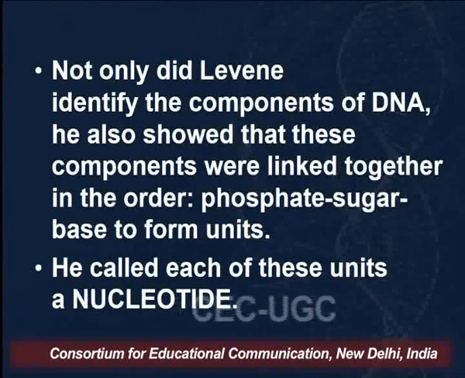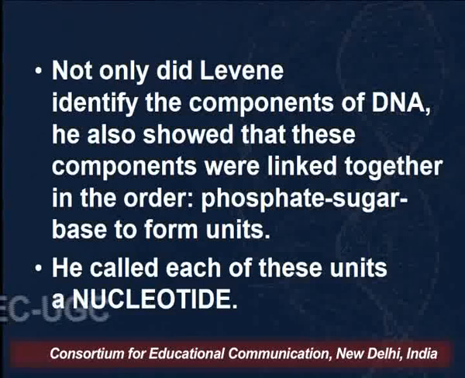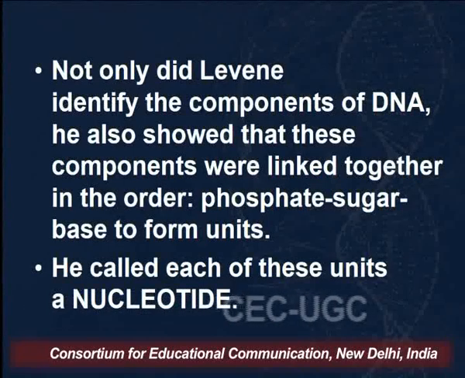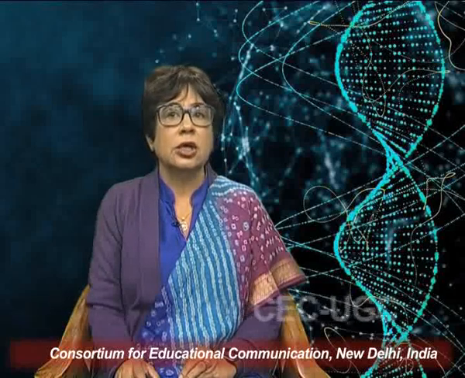Not only did Levene identify the components of DNA, he also showed that these components were linked together in the order phosphate, sugar, base to form units. He called each of these units a nucleotide.